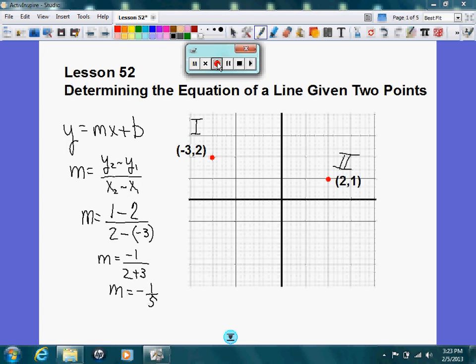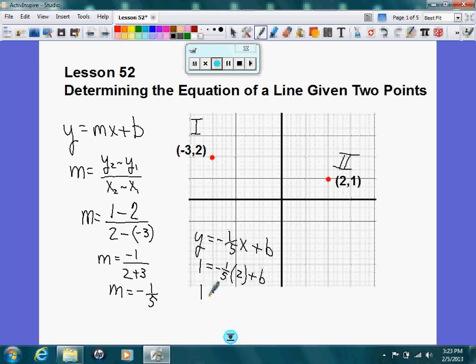So we put that back into our formula for y equals mx plus b. Maybe we could just write over our graph here. Y is equal to -1/5 x plus b. And we pick one of the points and put in values for x and y. Let's pick this one over here since they're both positive. The y value is 1, equal to -1/5 times the x value at that point, 2, plus b.